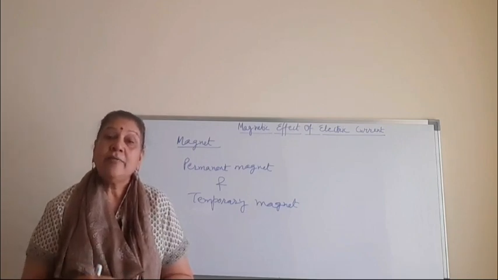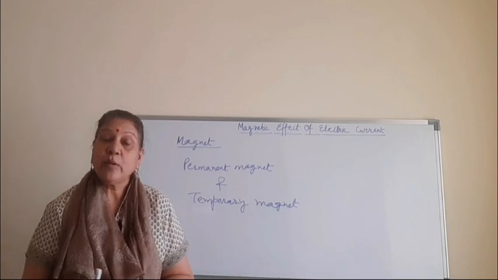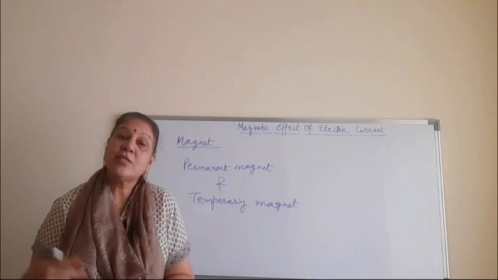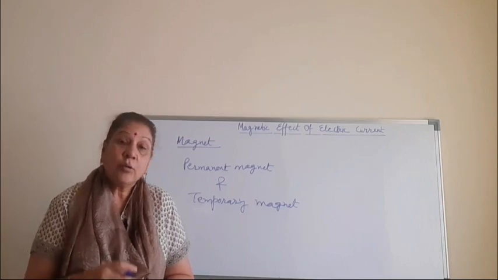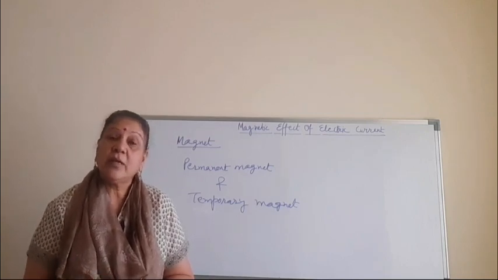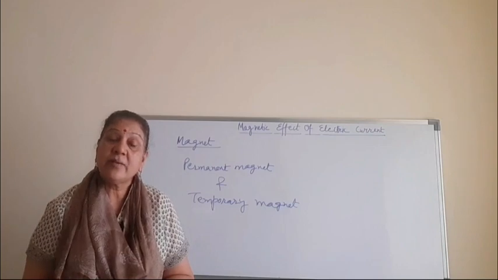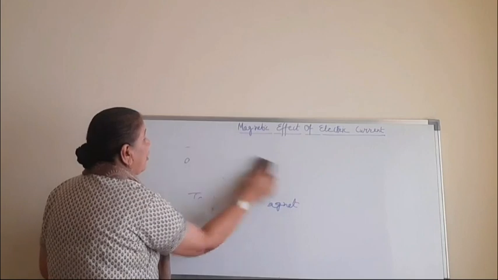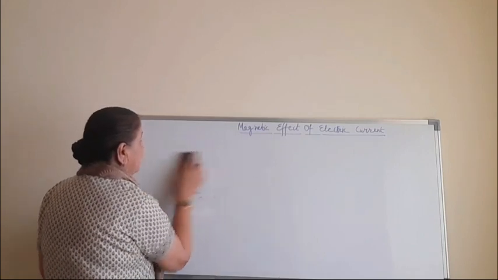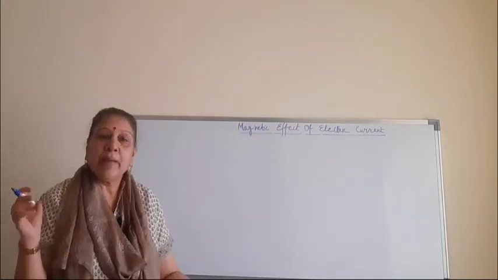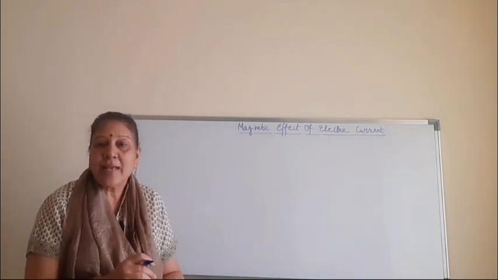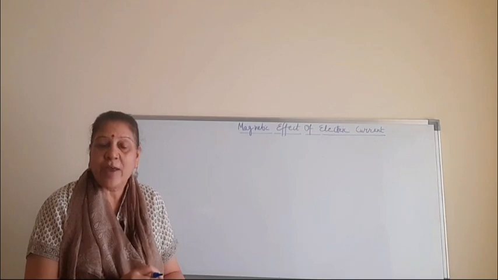Now, what are the different terms related to magnet? We are going to discuss that. As I told you, it's not that from somewhere it is dropped down and we have the magnet. It undergoes a process and then a piece of iron becomes a magnet, the permanent magnet. So we'll talk about the magnetic field. When you bring a piece of iron to a magnet, you'll see that it experiences a force of attraction.